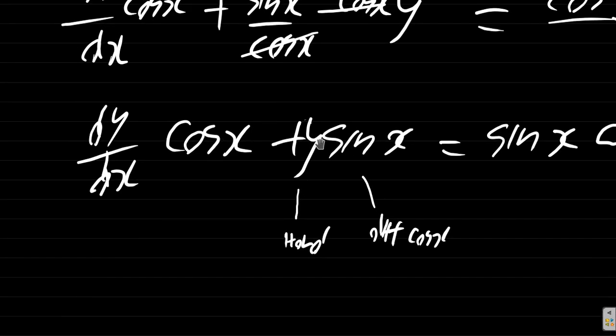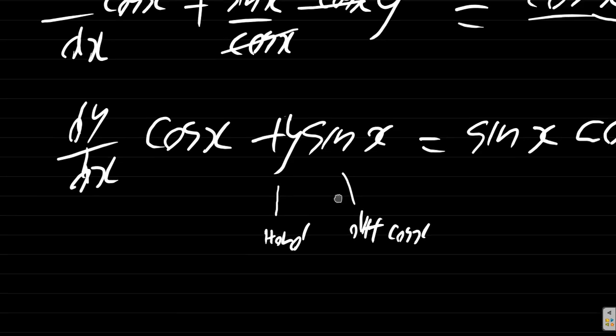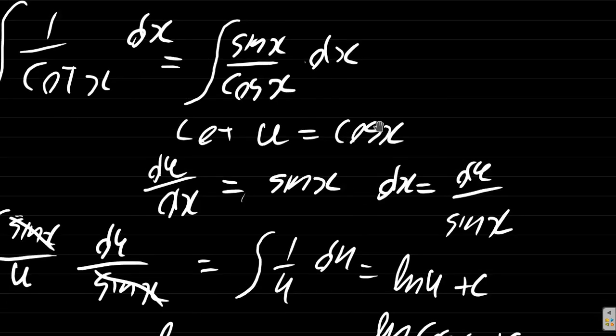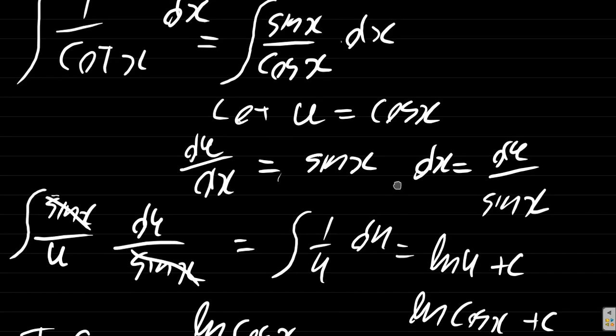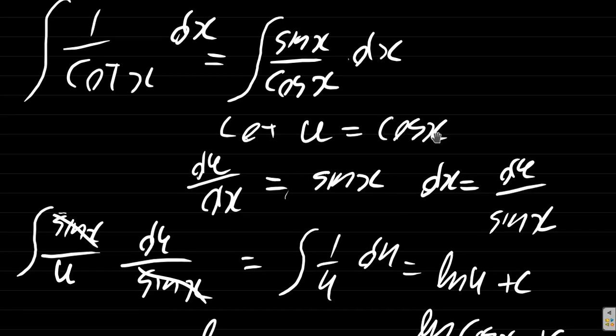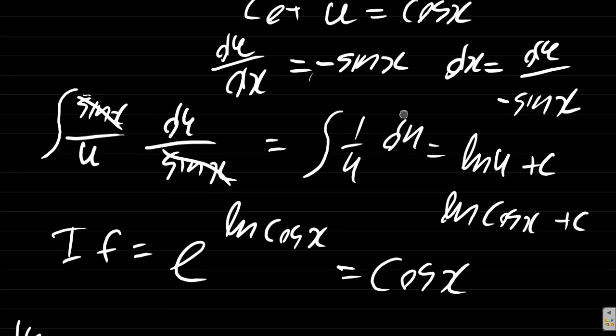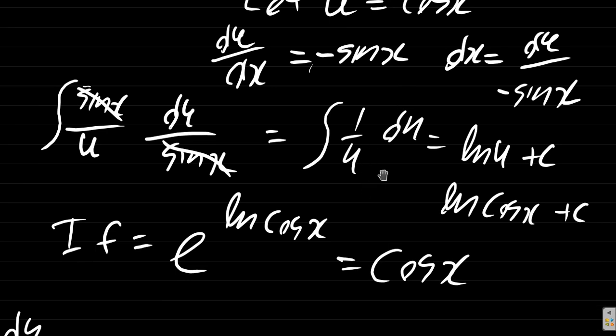If you differentiate sine, you get cos. When you differentiate cos, you get negative sine. Oh, I made a mistake here. When you differentiate cosine x, you get negative sine x. So this should have been negative. Alright. So there should be a negative in front of there.